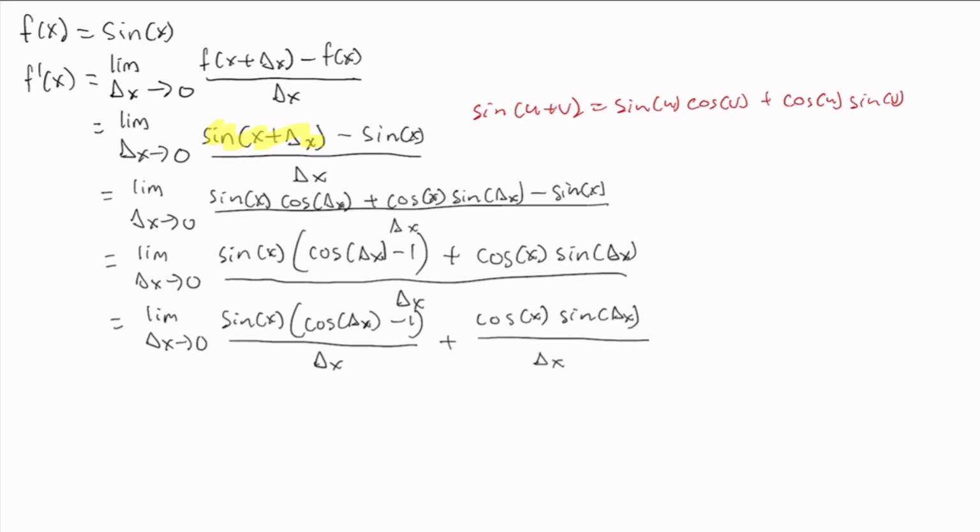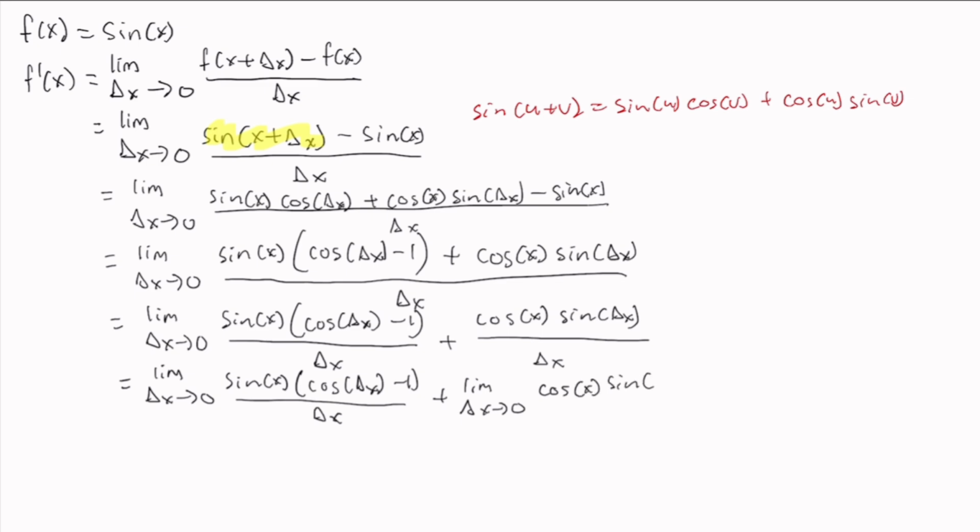Now, using our properties of limits, I'm going to rewrite it as the limit as delta x approaches 0 of sine of x times cosine of delta x minus 1 over delta x, plus the limit as delta x approaches 0 of cosine of x sine of delta x over delta x.